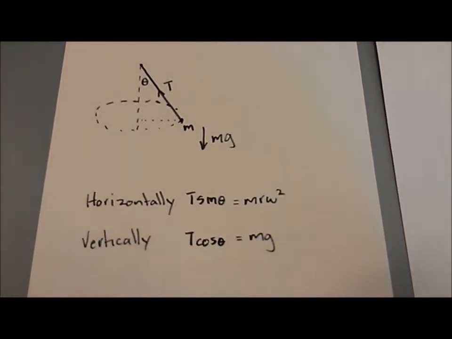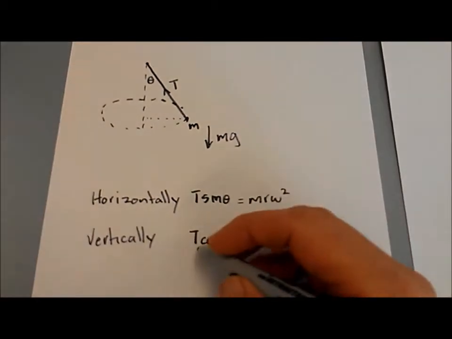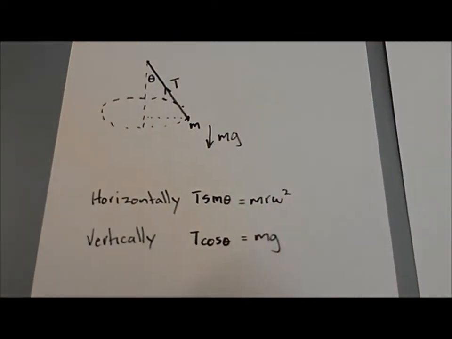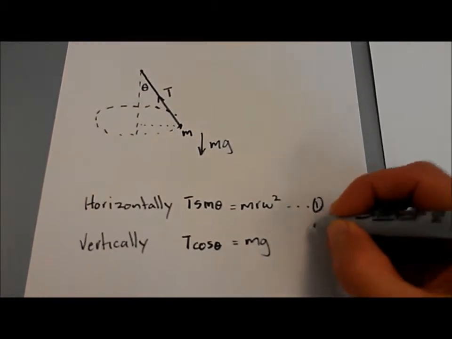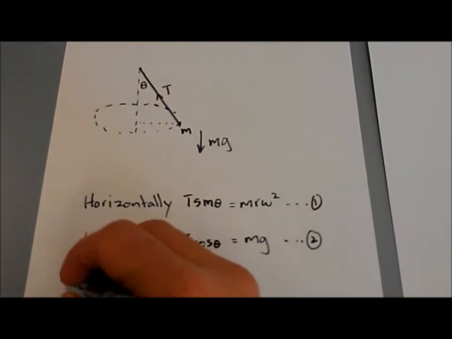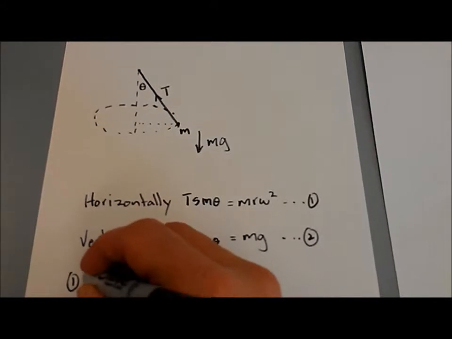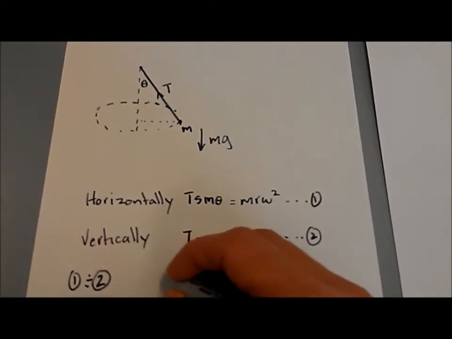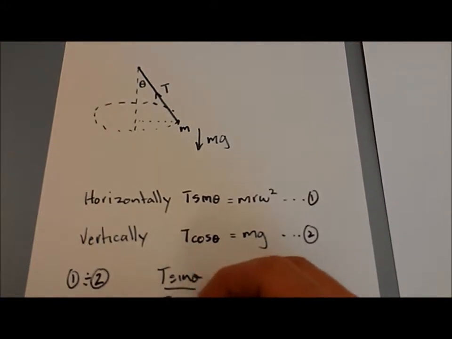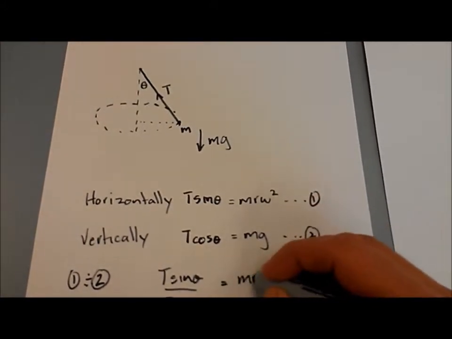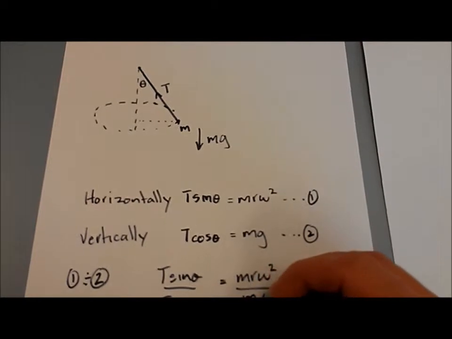Now to get a little bit more information about this, we can combine these to eliminate T and get information about theta. We take this as equation 1 and equation 2 and divide them, 1 divided by 2. That gives me T sine theta over T cos theta, which is a nice way to eliminate T, equal to m r omega squared over mg.